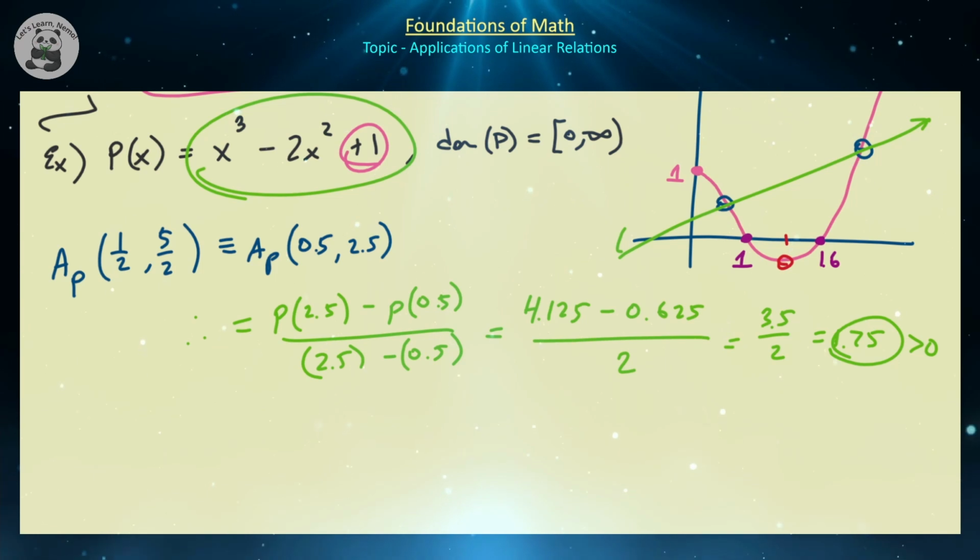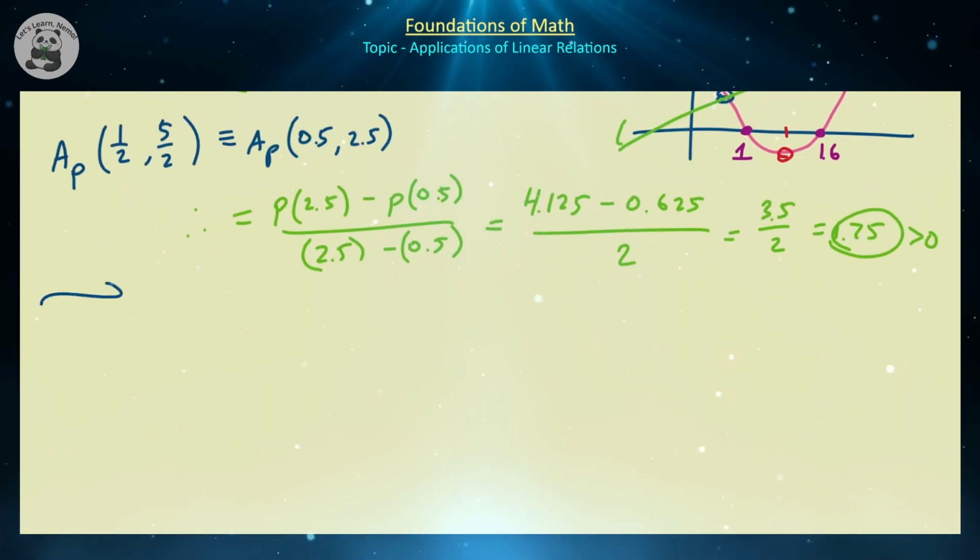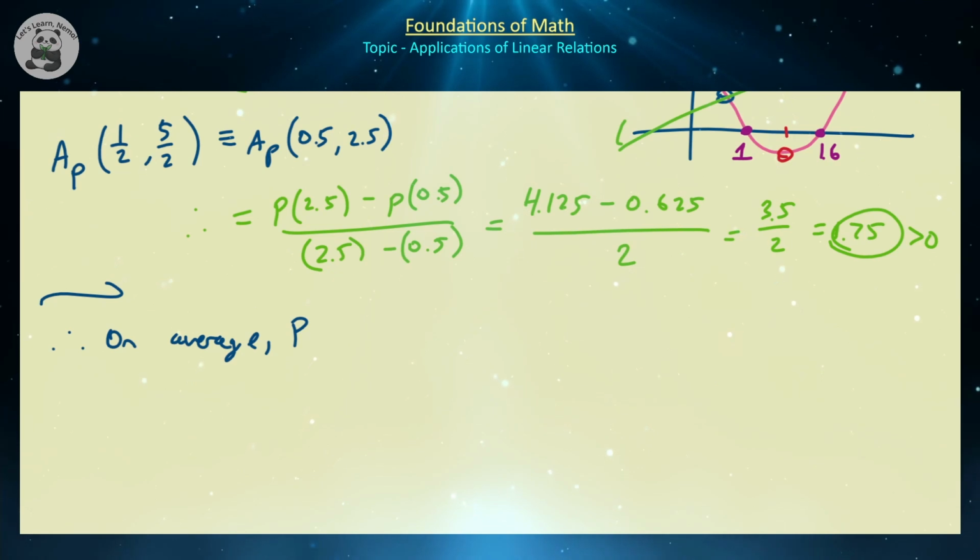So from this number, what can we say about our profit function? Let's interpret this 1.75 a little bit more accurately.